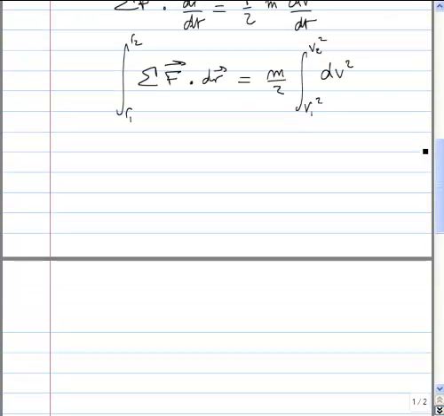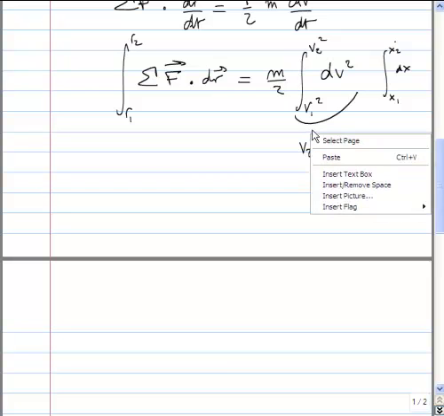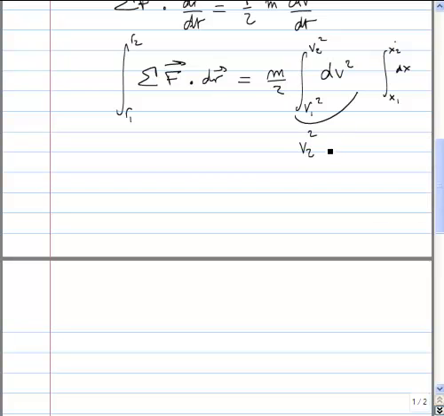Okay, let's integrate this first. We can do that easily. V squared, again, remember, is your variable, so it's like having the integral from x1 to x2 of dx, except x is v squared, so this is nothing else than v2 squared minus v1 squared, which is a scalar, which should make sense because we have a dot product on this side.